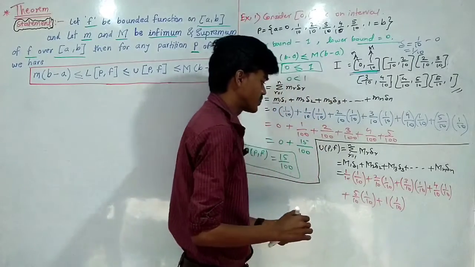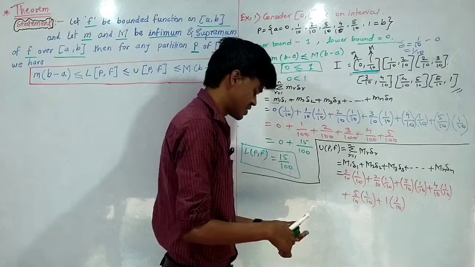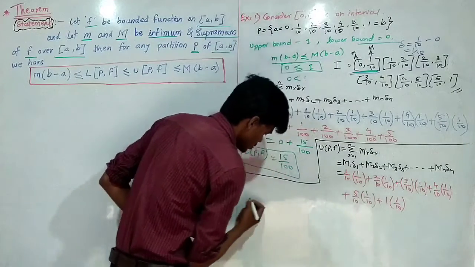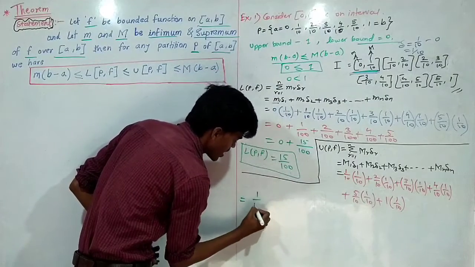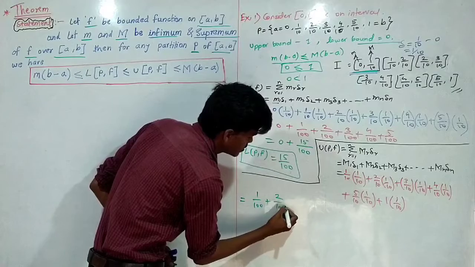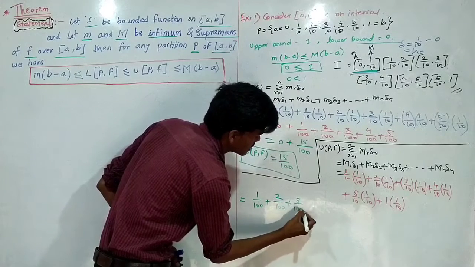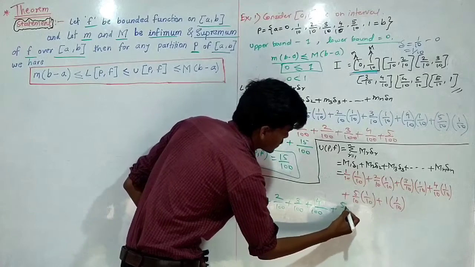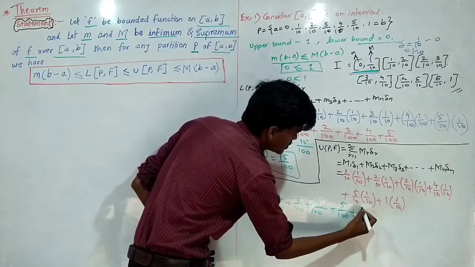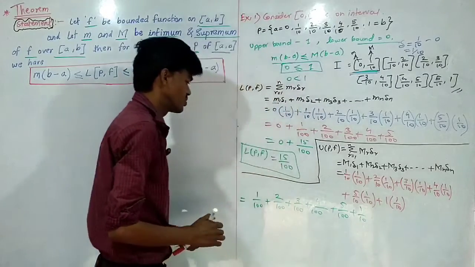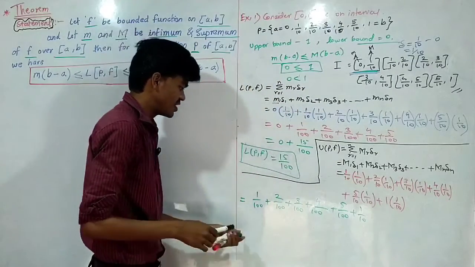By this calculation we need to take a sum: 1 by 100, plus 2 by 100, plus 3 by 100, plus 4 by 100, plus 5 by 100, plus 1 by 10. Now we need to calculate this.